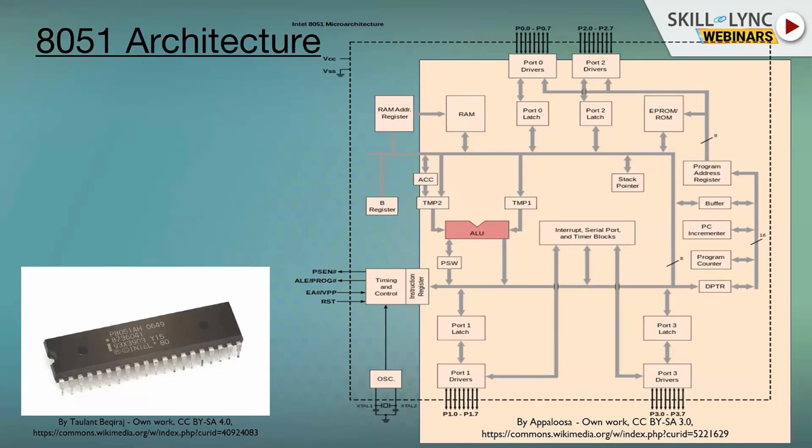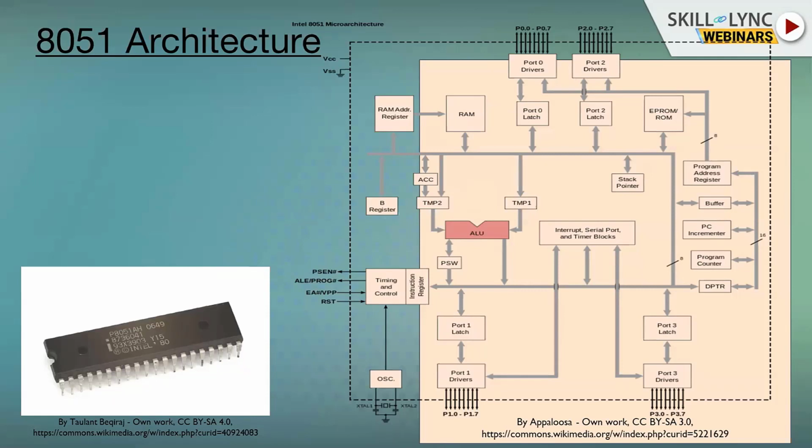Apart from this, there will be other pins, like the reset pin, which will be there in both. There will be a clock pin to give a clock to the device, because these are all sequential devices. If you don't know what a sequential device or combinational logic is, you have to go look at digital logic design.